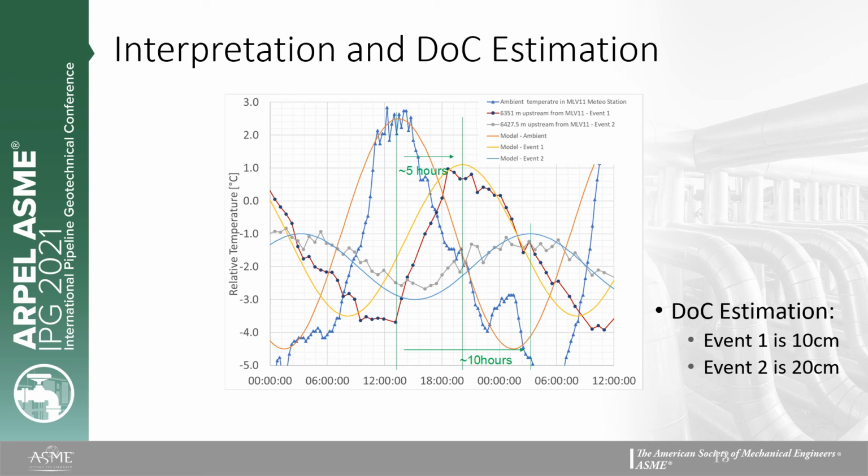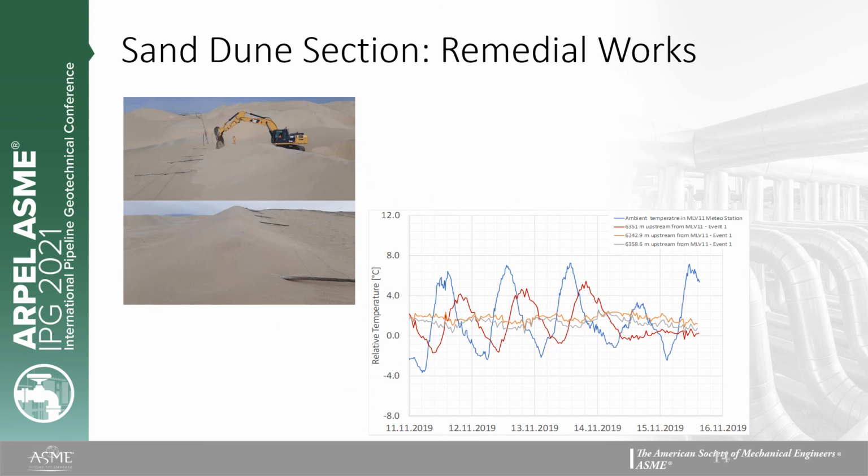Now, a few months later, so we were in September, here we are in November, they started remedial works, so recovering the areas of the pipeline that were almost exposed. And we see the temporal evolution of the ambient temperature and of event 2.